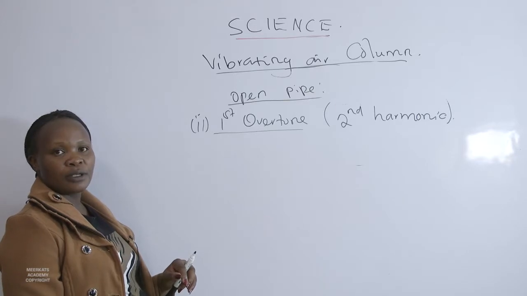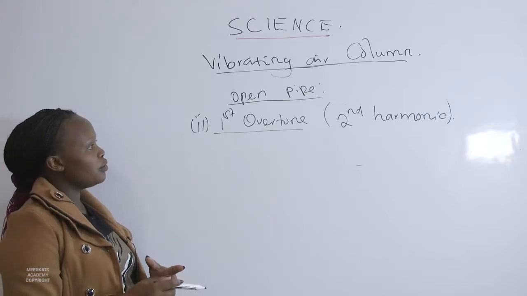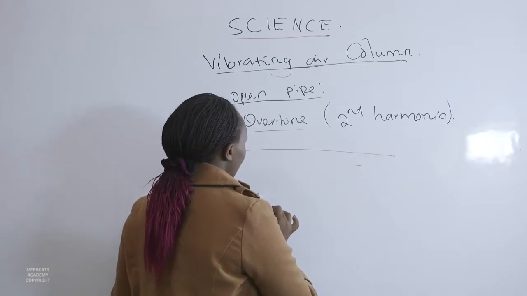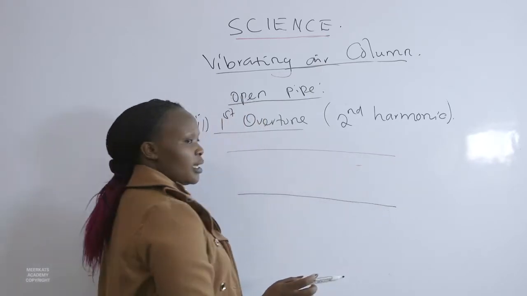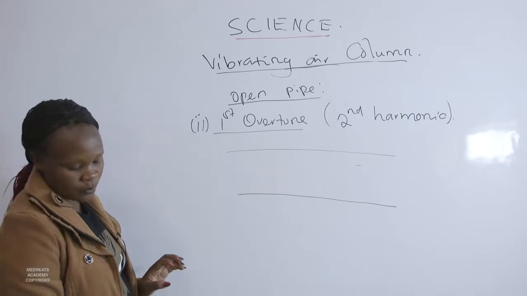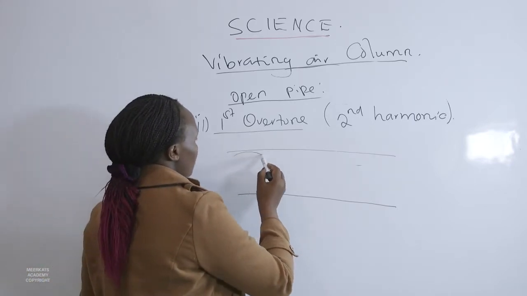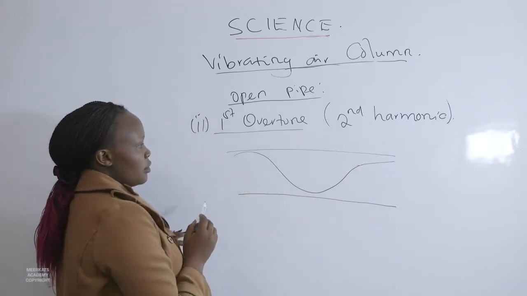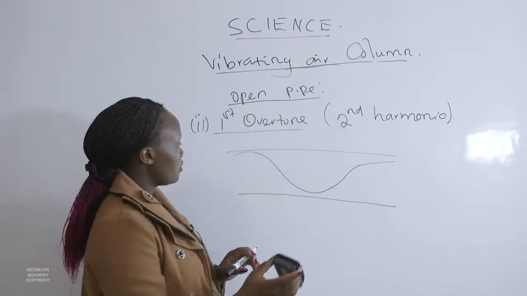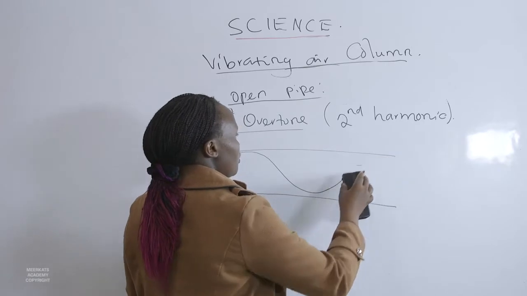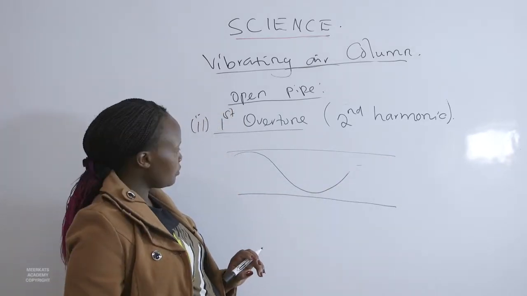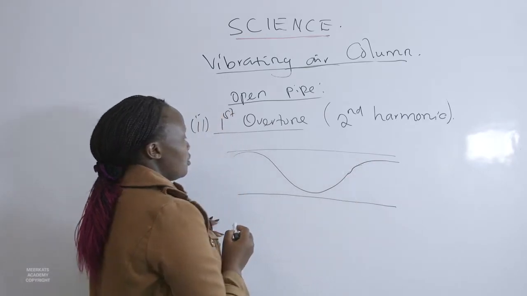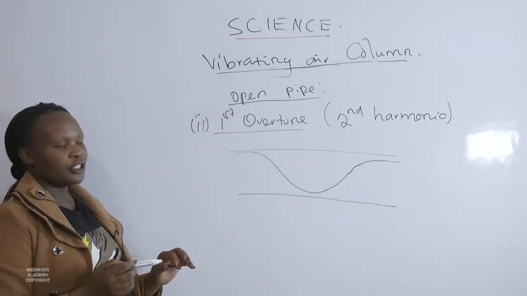Now the difference between the two is just the way you blow your air. Here, we want to blow air a bit strongly so that now we have a wave of that nature.